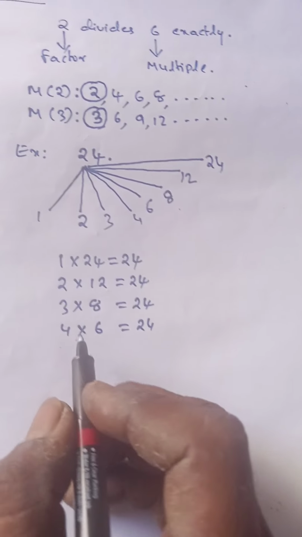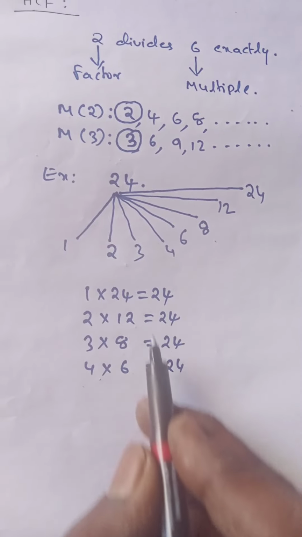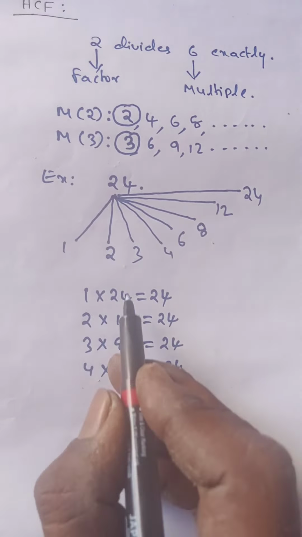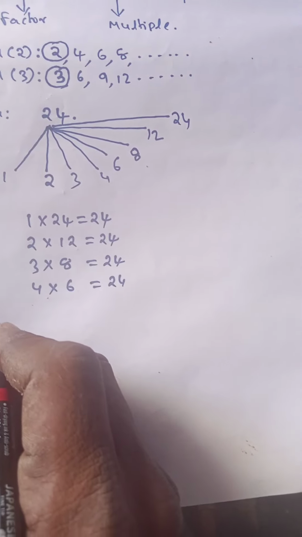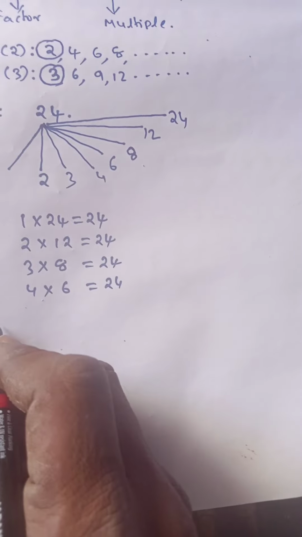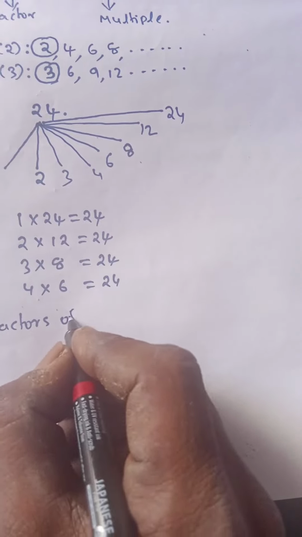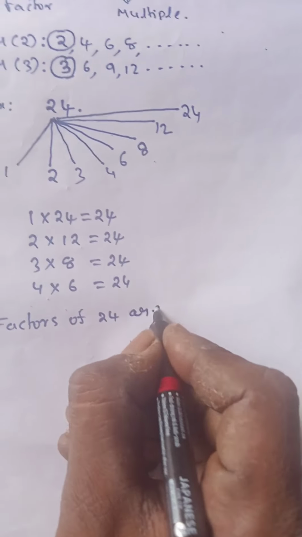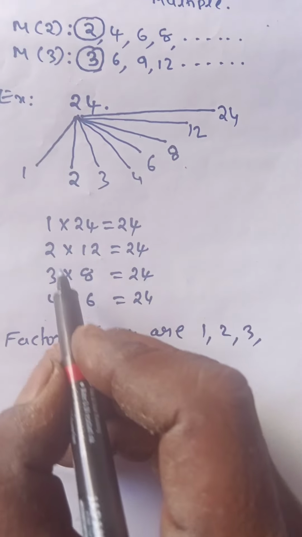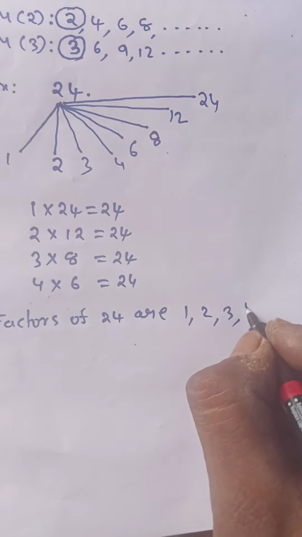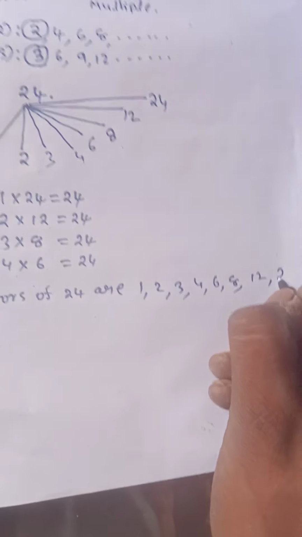So you just remember one thing. All the numbers standing on the left side of the equality sign, in these U-shaped pairs, are the factors of 24. Sorry, I said multiples, they are the factors of 24. I am writing the factors of 24 are 1, 2, 3, these all the numbers in U shape, we should write 4, 6, 8, 12 and 24.